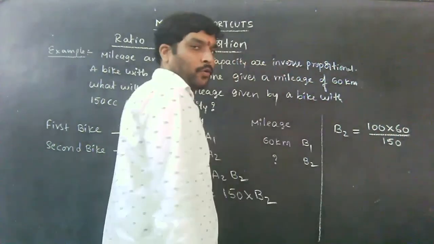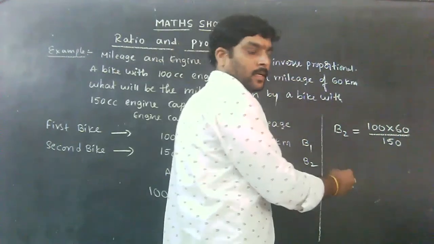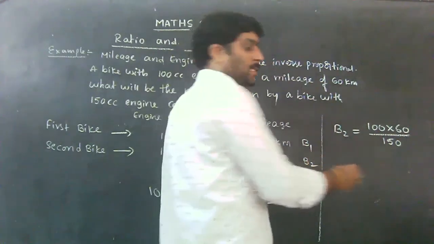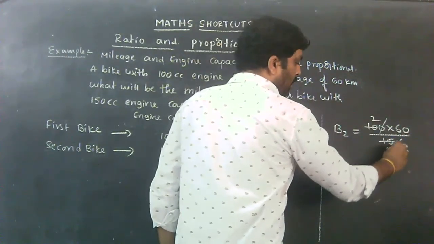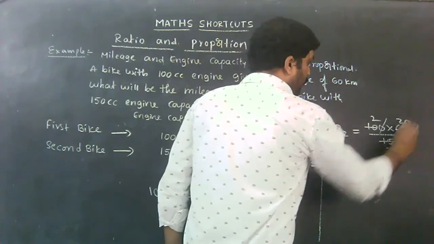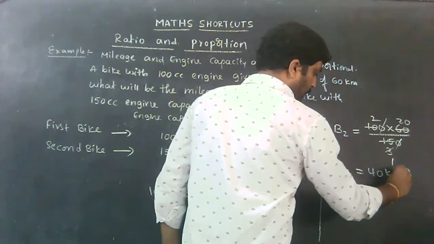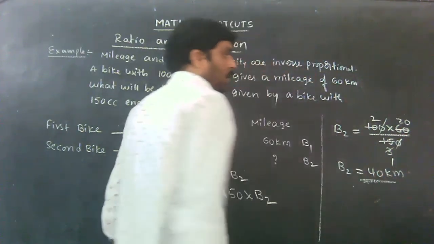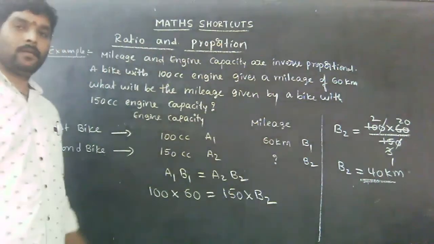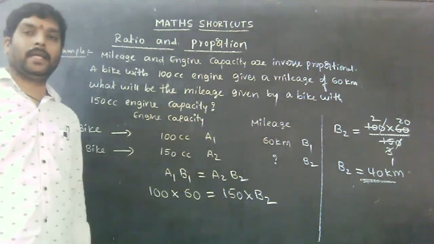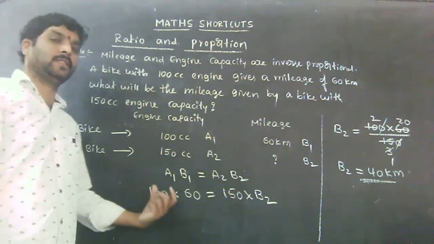Now do the cancellation. The zeros are cancelled. 5 2s are 10, 5 3s are 15. Now 3 20s are 60, so 20 into 2 is 40 kilometers. I got 2 into 20, 40 kilometers. When they are in inverse proportion, their product is constant.